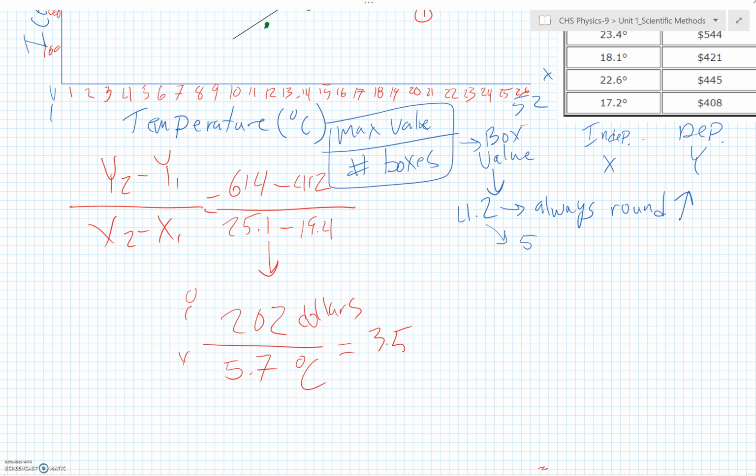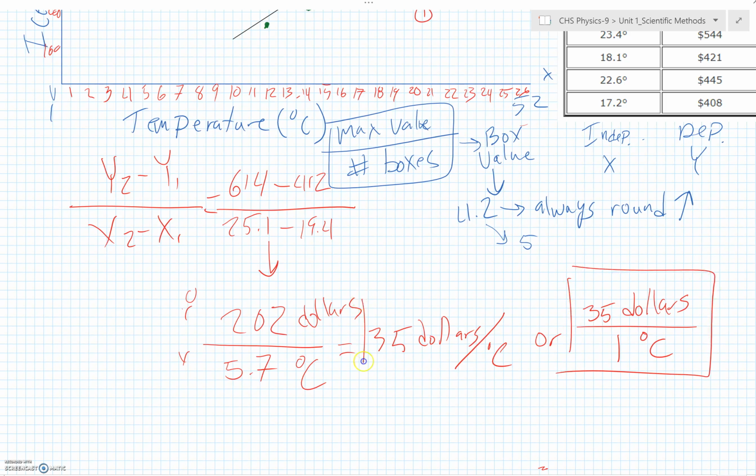My units would be dollars per degree Celsius. Or, the way I like it is $35 for every 1 degree Celsius, because if I put a 1 down here, that doesn't change my dollar amount on top. So this would be my answer. Or, this would also be appropriate.